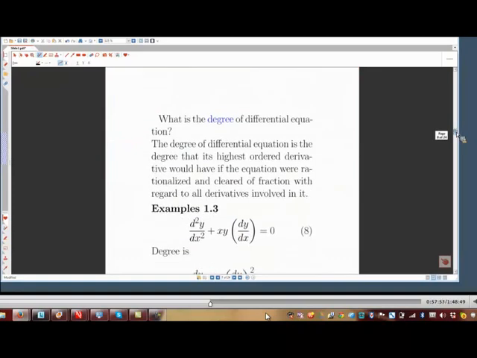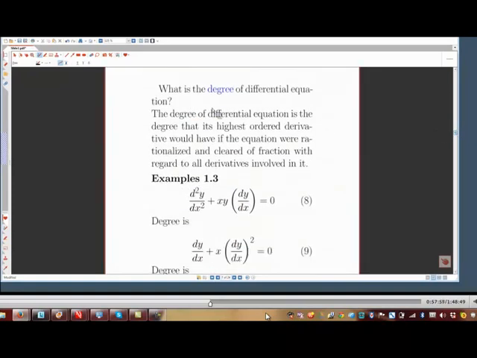So degree is another concept. Degree is basically whenever you take a derivative, you see in the equation the highest order derivative, and then you see what is the power it is raised to. This is raised to the power 1.